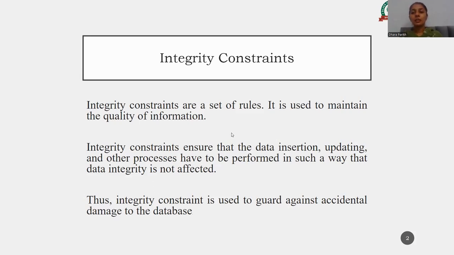So, these three definitions tell us that integrity constraints are a set of rules we can follow when we have to manage the quality of the data. Say we have a shop, and the shop has multiple products.